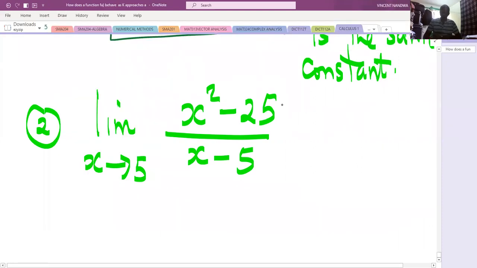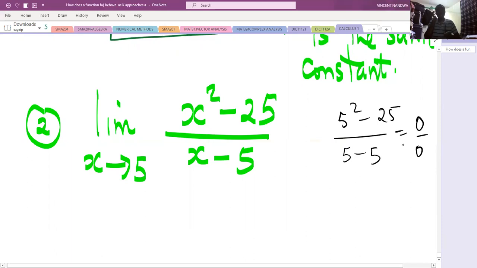This gives you 5 squared minus 25 over 5 minus 5. 5 squared is 25, and 25 minus 25 is 0, so we get 0 over 0. Division by 0 is not defined. This is an indeterminate form, so we don't divide by 0. Therefore we'll think about a different method. Direct substitution doesn't work.